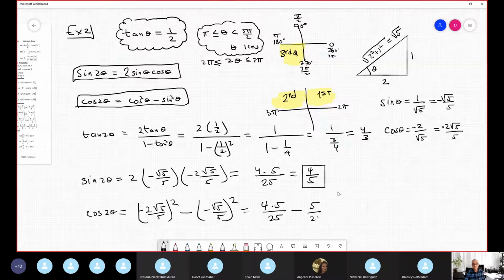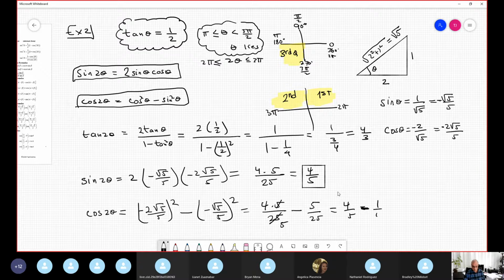It is 20 over 25. We can simplify a little bit: 4/5 minus 1/5, no? 4/5 minus 1/5 is 3/5.